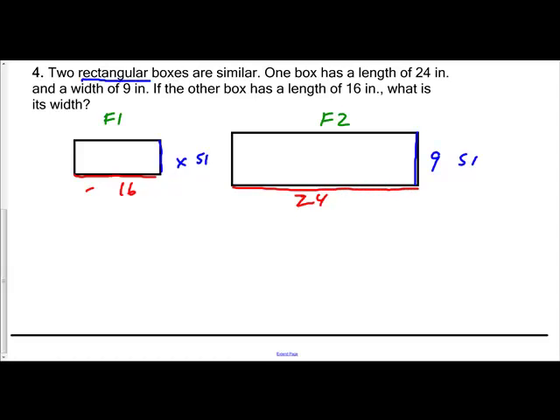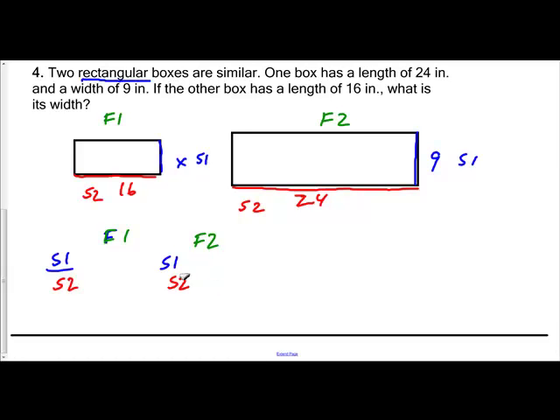This here we'll call side 2. So it's the same process as we've done before. Figure 1, figure 2, side 2, side 2, and side 1, side 1.